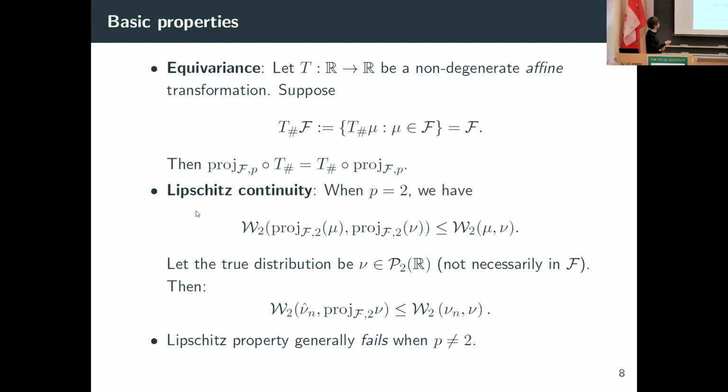And this is more interesting. When P is equal to 2, so just now I said P can be larger than 1, but the most interesting case for statistical purposes, I think, is P equals 2. This is because in this case, we have Lipschitz continuity. The L2 space is a Hilbert space, and we get that the metric projection onto the convex set is 1-Lipschitz. So for any two distributions, the projections are closer than the originals.